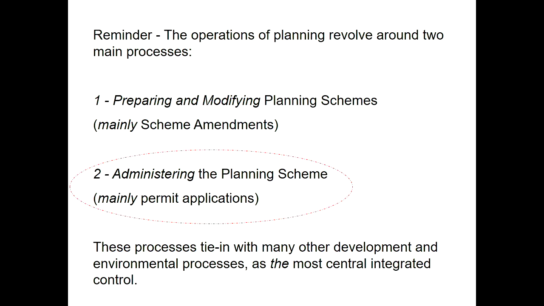Netherlands, Germany, etc., where things happen in slightly different ways. So it's important to keep the system we're thinking about here in context, but largely the most impact of planning, where it touches the ground, is when we say you can get a permit or you can't, or you can if you do these other things. And indeed that's where most of the budget of local governments goes to.